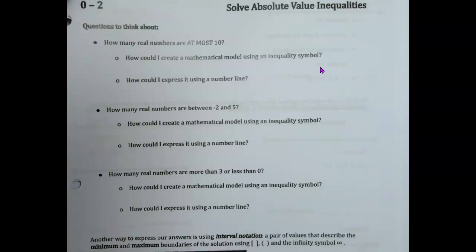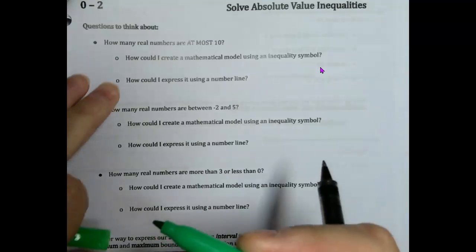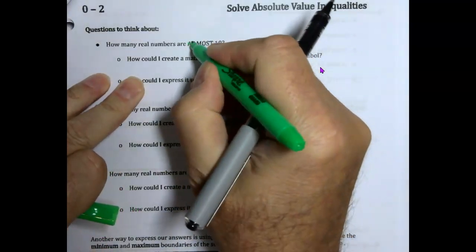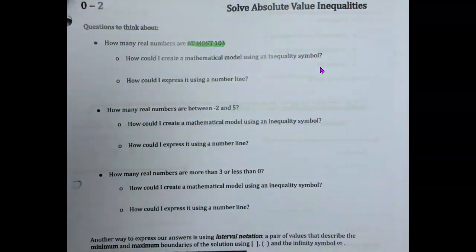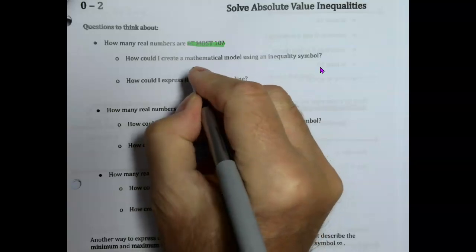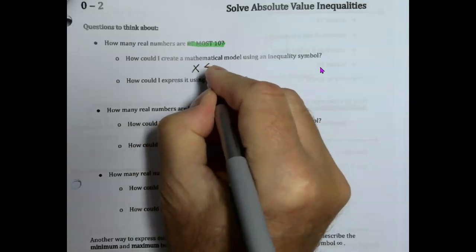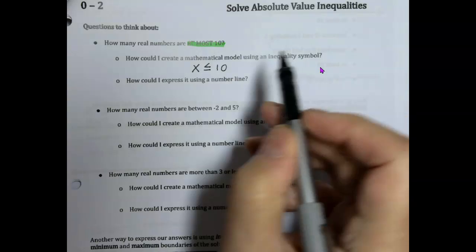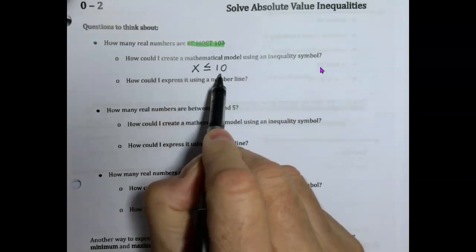So, questions to think about. First is, how many real numbers can you think of that are at most 10? First, we're going to create a model, which will be x is less than or equal to 10. At most 10 means it can equal 10, it just can't be bigger.